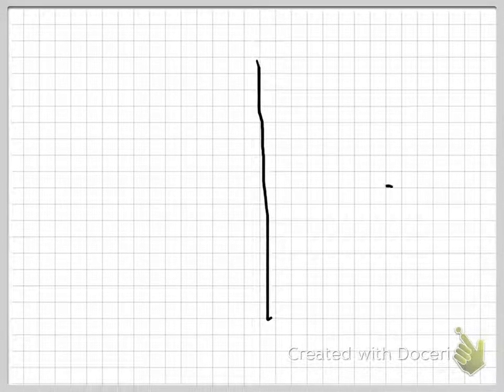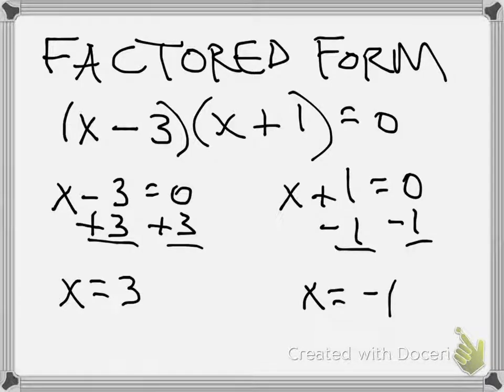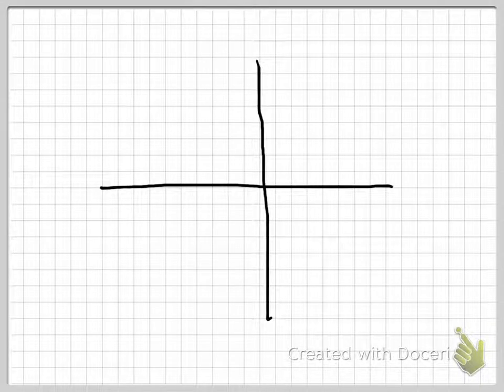So, this is what it looks like on a graph. Those zeros were x equals 3 and x equals -1. Okay, so x equals 3, we'll call this 1, 2, 3 right there.